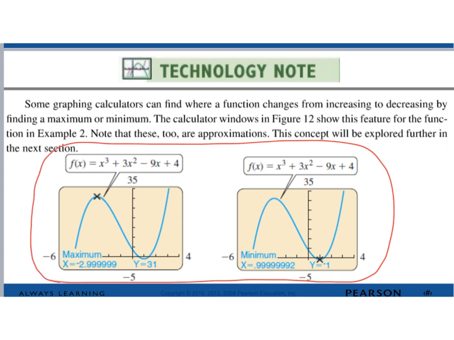You can find out where a function is increasing and decreasing by finding the maximum and minimum of the function. But I want you to know how to use the derivative test, because automatically knowing what window you need to graph the function on to find the max and the min is not necessarily going to be the easiest thing.